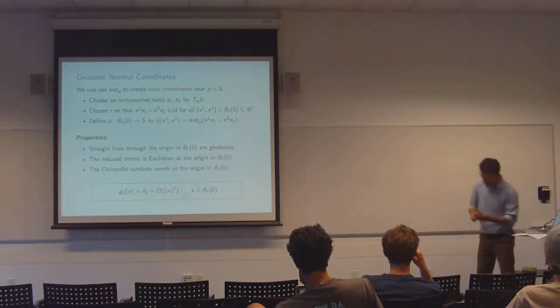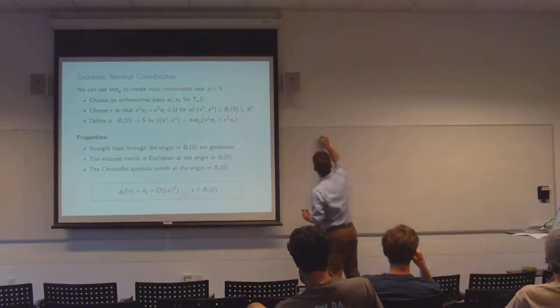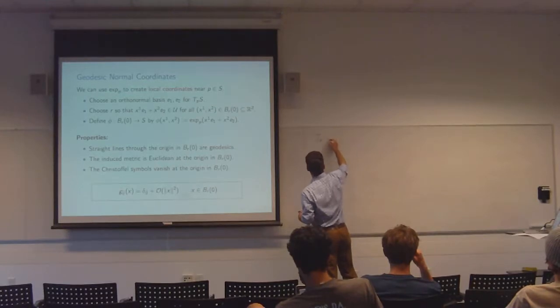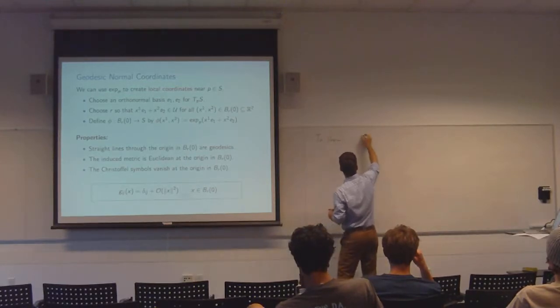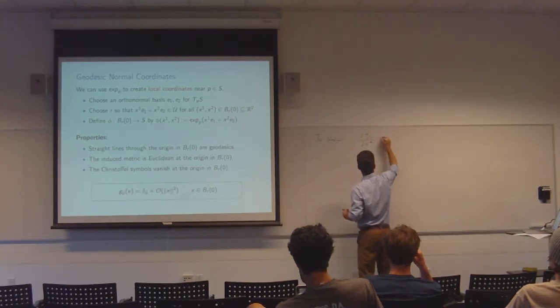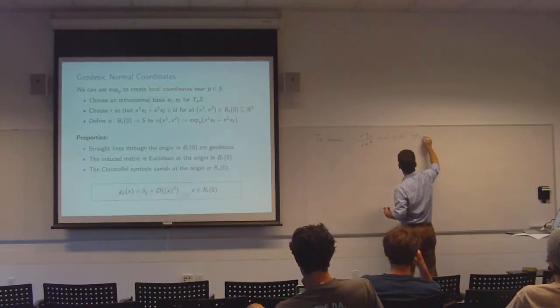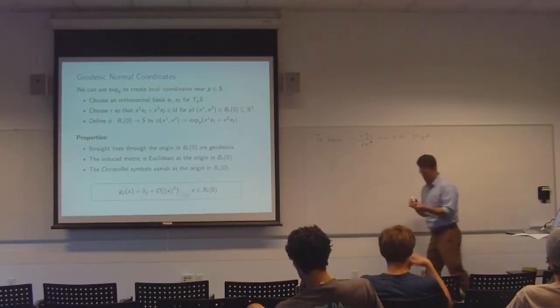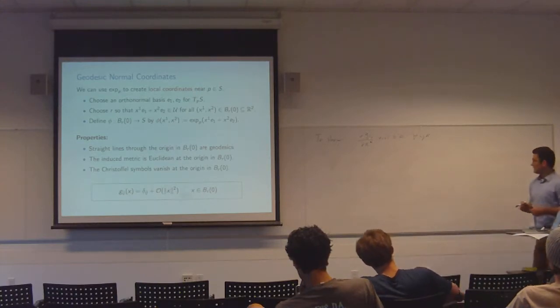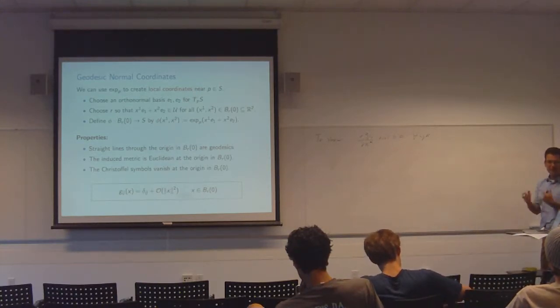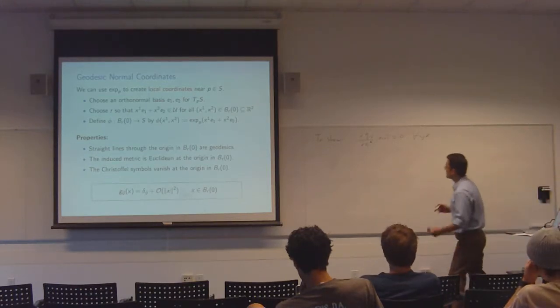Okay. So for the second point, what we want to show, of course, is that dGij by dxk at 0, 0 equals 0 for all i, j, and k. I want to show that the first-order term in the Taylor series vanishes. All right? How am I going to do that?